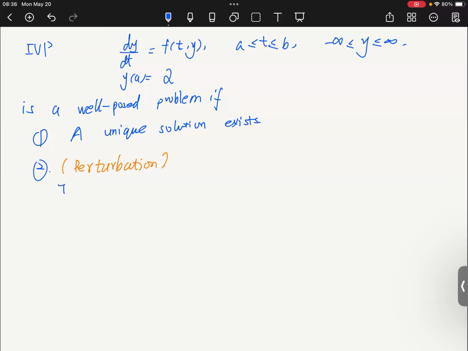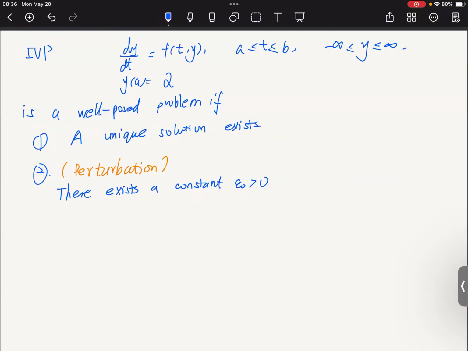So which means that there is a constant epsilon 0, which is bigger than 0, and a constant k, which is also bigger than 0, such that for any epsilon, where the epsilon is describing the perturbation's size, with the epsilon inside the domain, epsilon 0 and positive.